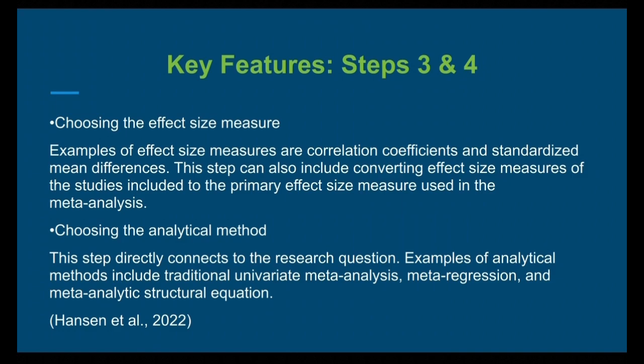Depending on what the researchers want is what is going to determine what kind of analytical method they use. For example, if they want to examine heterogeneity between effect sizes by looking at different moderators and comparing those simultaneously, they would use something like a meta-regression analysis.